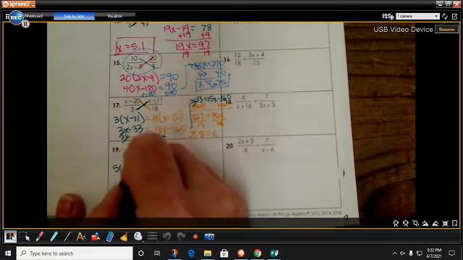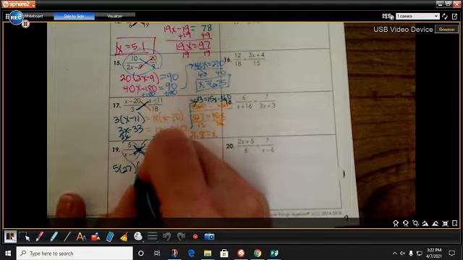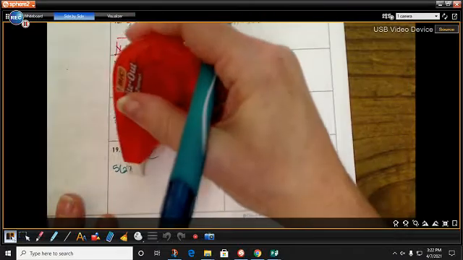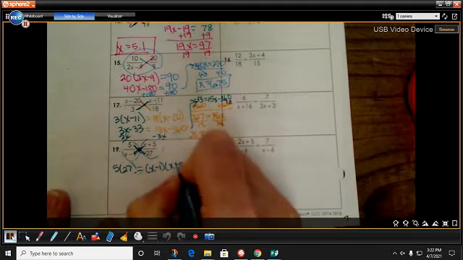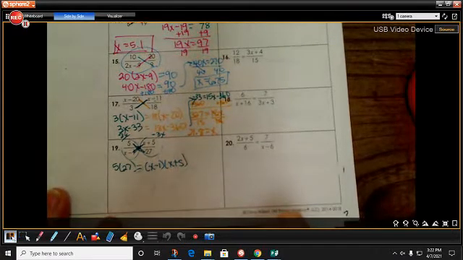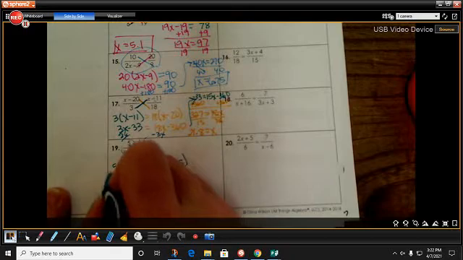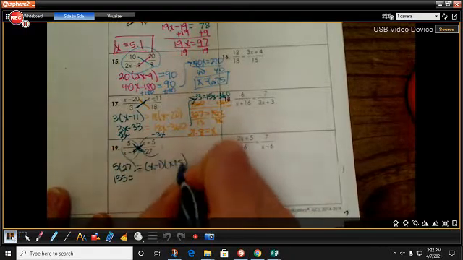So I'm going to do my 5 times 27, I should have put an equal sign in there. Mrs. Cerna, get a grip. Equals whatever x minus 1 times x plus 5 is. And so, boy, that algebra is really coming back in. So 5 times 27 is 135. And I'm going to have to multiply these out.